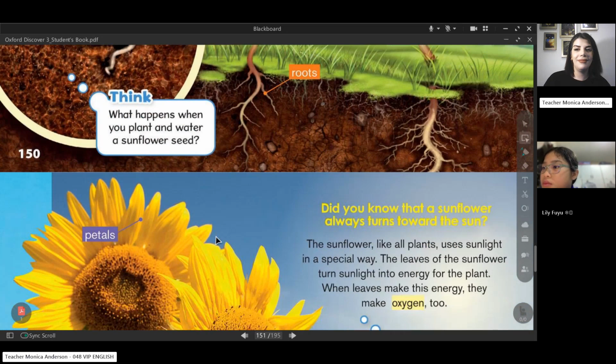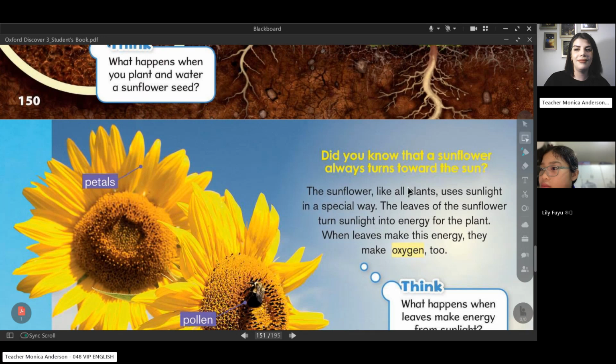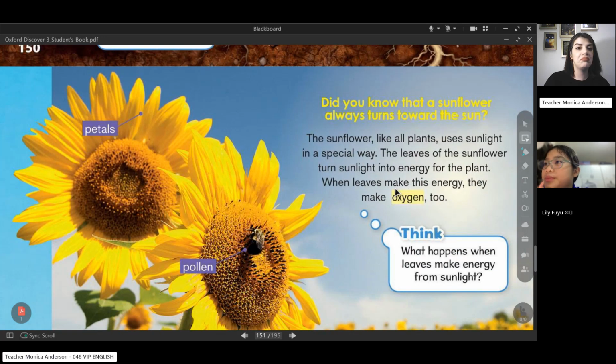Did you know that a sunflower always turns toward the sun? The sunflower, like all plants, uses sunlight in a special way. The leaves of the sunflower turn sunlight into energy for the plant. When leaves make this energy, they make oxygen too.